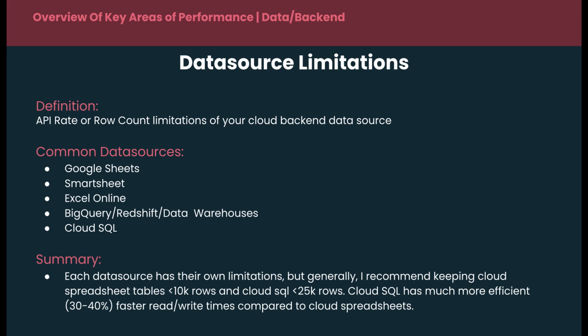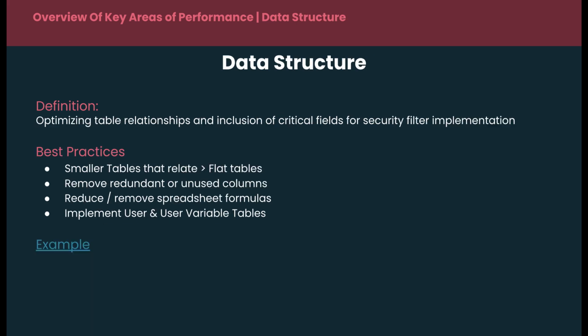In addition, the read and write time for Cloud SQL databases is going to be much faster, and by much faster, I mean in the ballpark of 30 to 40% faster than its counterpart, which would be the cloud-based spreadsheet. So, with that being said, I'll move into talking about how to optimize data structures.